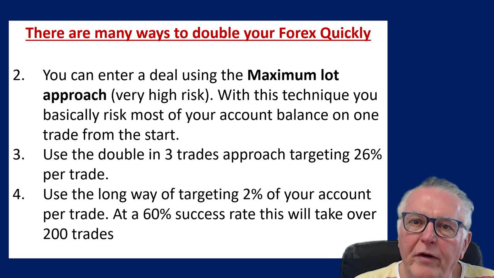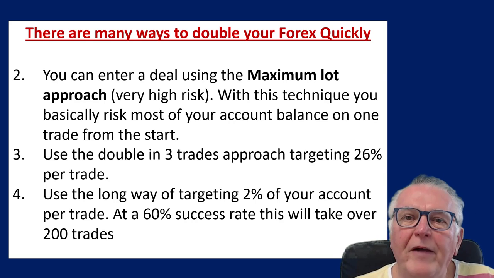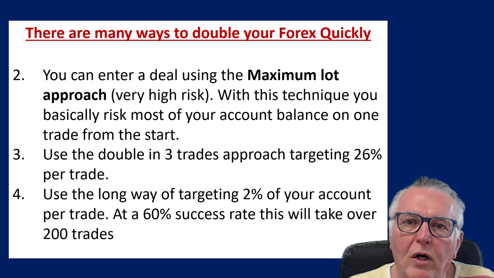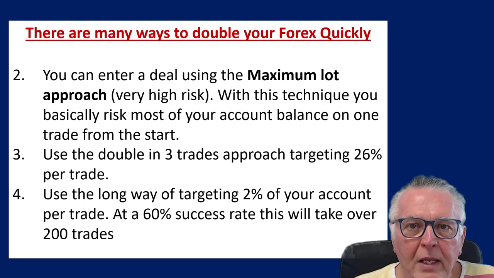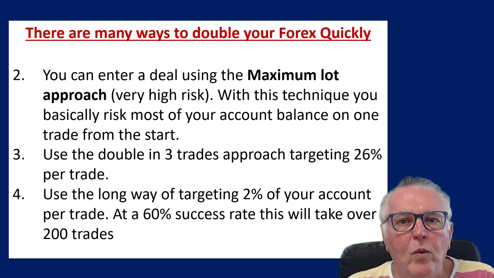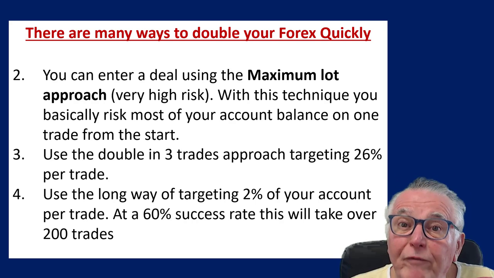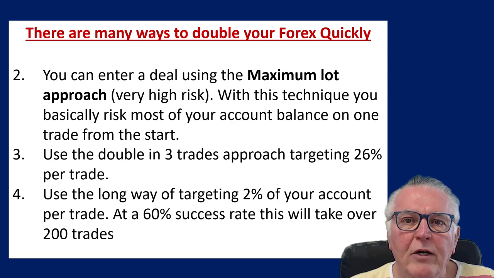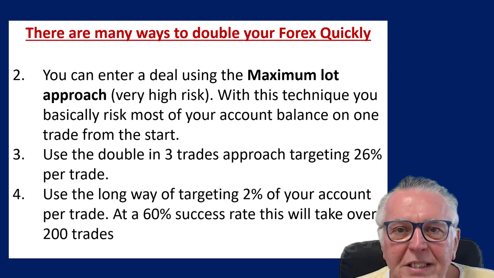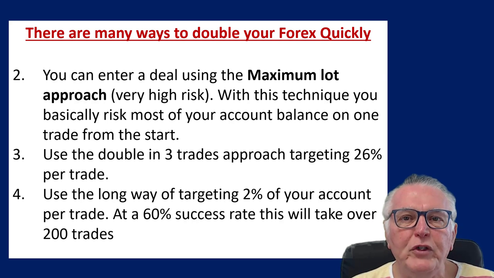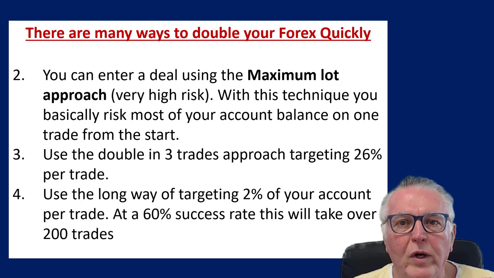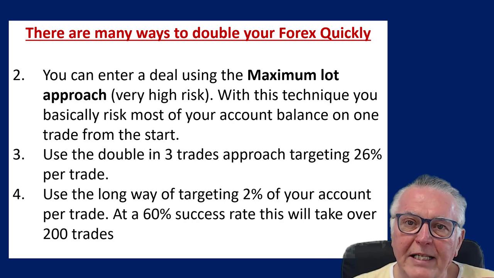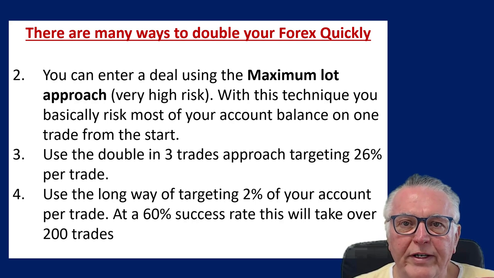Now the advantage over the two methods is that with the 5% top-up method, you are starting with a very small stop, whereas with the second method, where you use maximum lots, you have a very big stop, and that gives the transaction room to move. But obviously the risk is extremely high because you're virtually risking your whole account on that one trade. And you're going to see a live trade that has recently been done showing you an example of that.